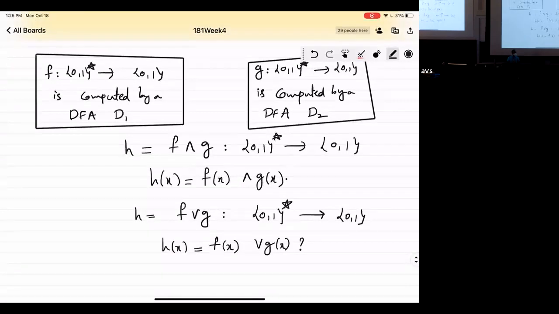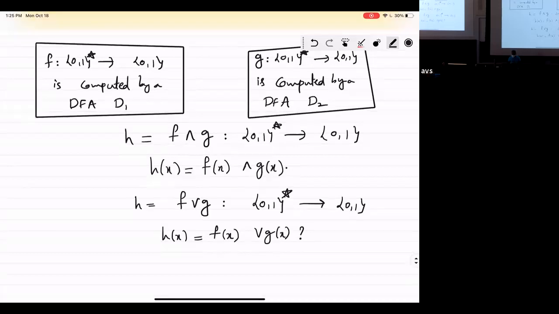When I ask you to imagine you're writing a program, I gave you an oracle which can compute f and an oracle to compute g. What would you do if I ask you to compute f and g? Well, I'll say compute f of x, compute g of x, and the result is the AND of these two.